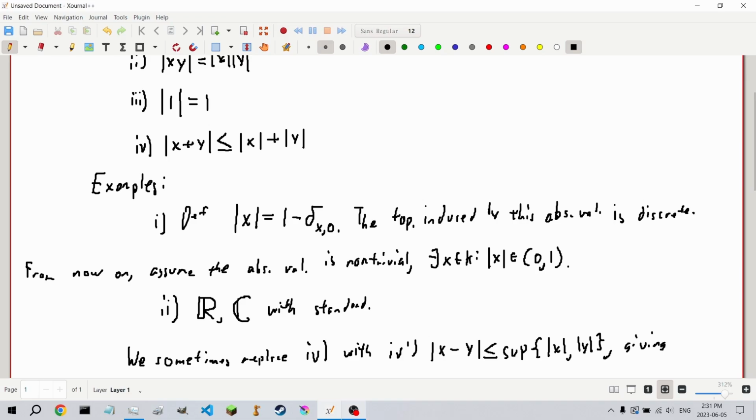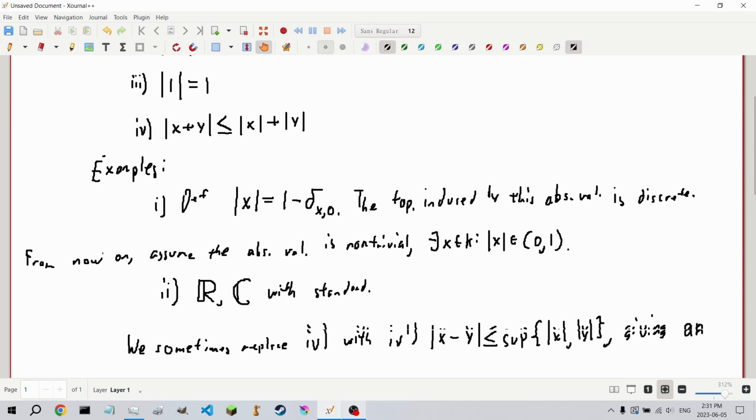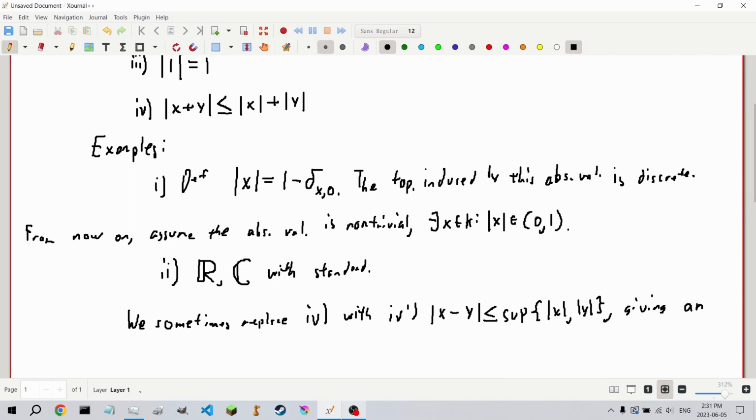This gives us what we call an ultrametric, or alternatively non-Archimedean, absolute value.